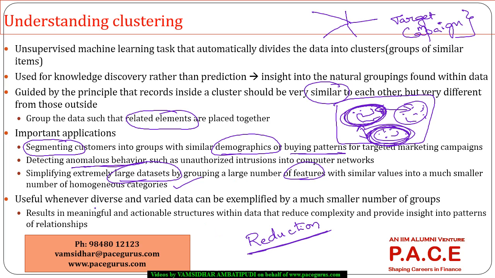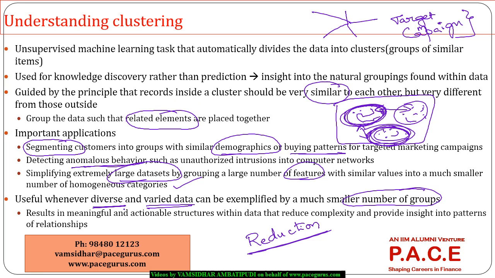Generally, when I have fully diverse and varied data, and my objective is to reduce it into a few groups, so that a few thousands or few millions of records come down into a countable 5 to 10 groups of data altogether, this is where clustering has a major role to play.